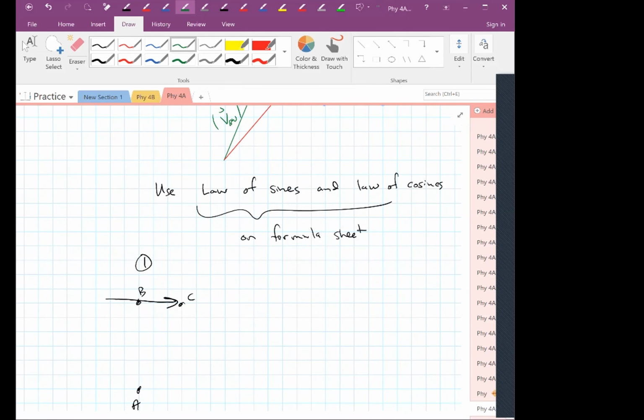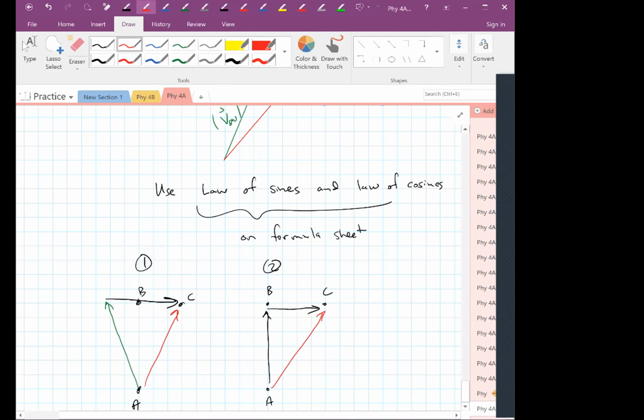Right, it could be this situation, or maybe the water is moving at just the right speed that you'd have to point yourself right towards B. Here, A, B, C. The water might be moving at just the right speed that the boat would have to point itself this way to get from A to C, right?